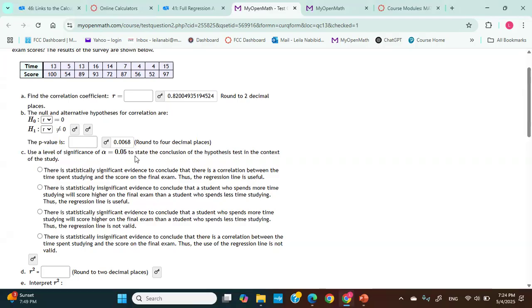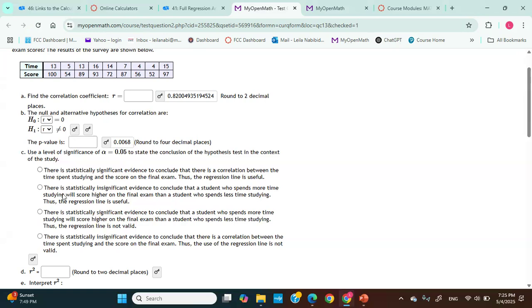So 0.006 is less than 0.05. And whenever the p-value is less than alpha, we reject the null hypothesis. So when we reject the null hypothesis, that means we can support the alternative. And the alternative says that there is a significant correlation because R is not equal to 0.